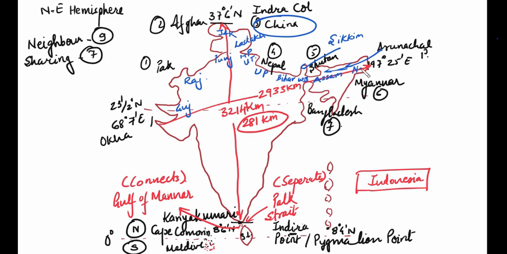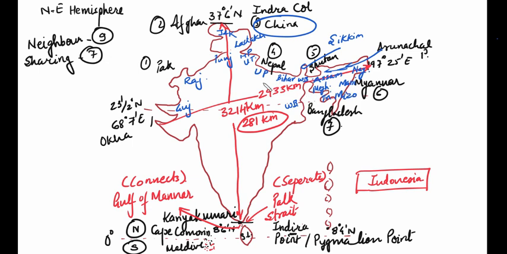Here it is Nagaland, then Manipur and Mizoram. And the states which are sharing their boundaries with Bangladesh: West Bengal, then a little bit Assam here, okay, then Meghalaya, Tripura and Mizoram. In this way, these are those states which are sharing their boundaries with our neighboring countries.